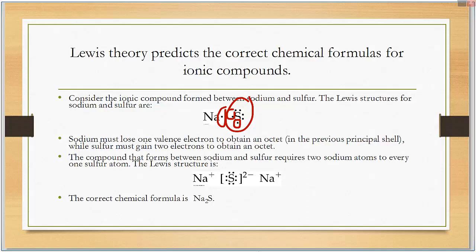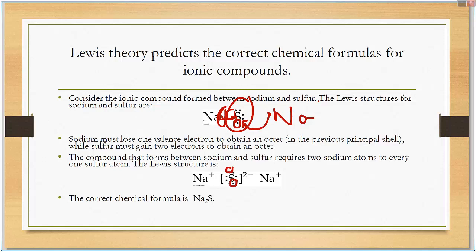The compound that forms between sodium and sulfur requires 2 of the sodium atoms, not just 1, to every 1 sulfur atom. So this electron gets donated to sulfur. Then we have to add another one here to donate it to the other sulfur electron.